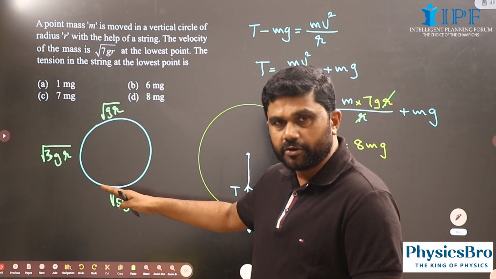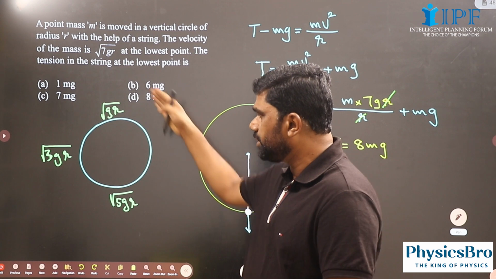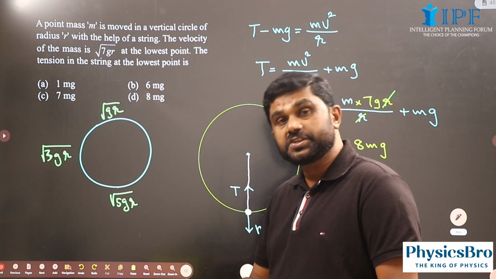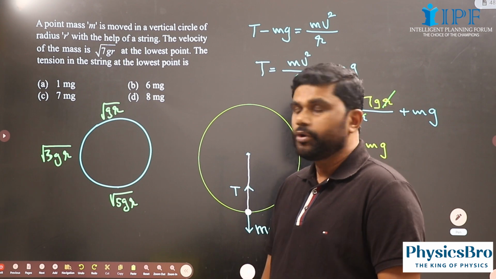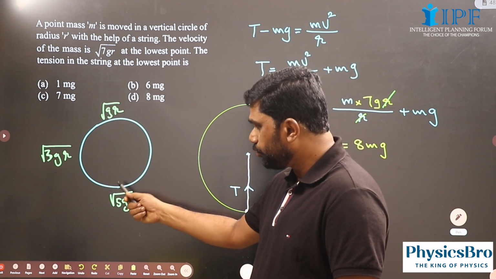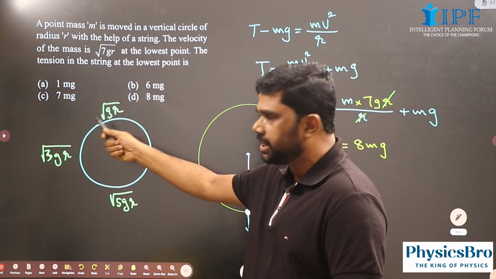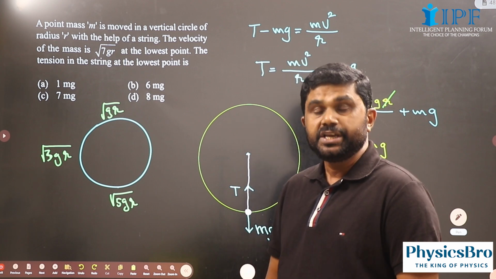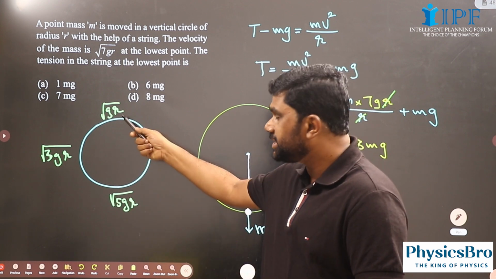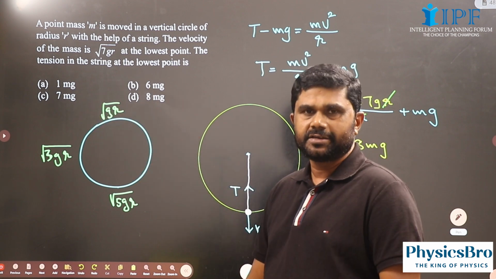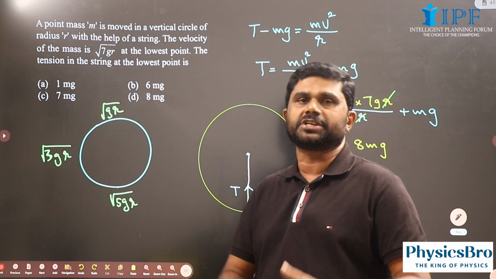If the velocity at the lowest point is less than root 5 gr, it will not complete the circle. If it is equal to or more than root 5 gr, it will complete the circle. If the velocity at the lowest point is root 5 gr, then at the top it will be root gr, and at the horizontal position root 3 gr. If the velocity at the lowest point is more than root 5 gr, the velocity at the top will be more than root gr, and at the horizontal position more than root 3 gr.